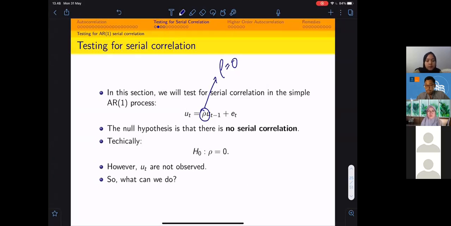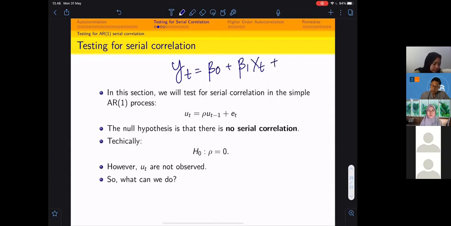However, as we already discussed on many occasions during the semester, when we have the following regression specification, we can never see the error terms. Why? Because they are not observable, and we don't have the data for the true error terms in the population.